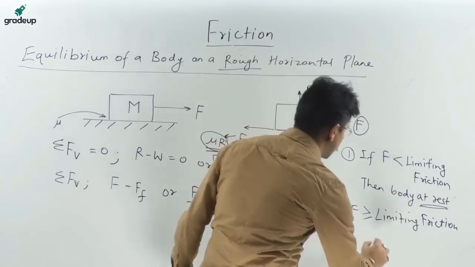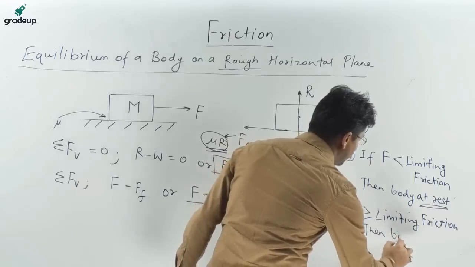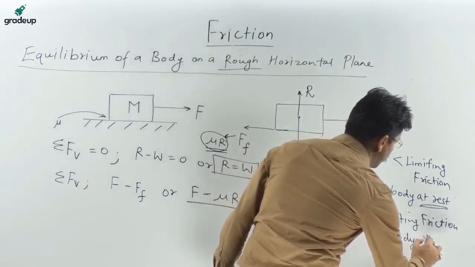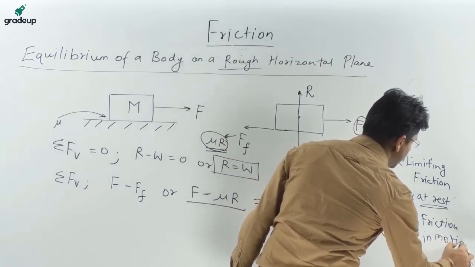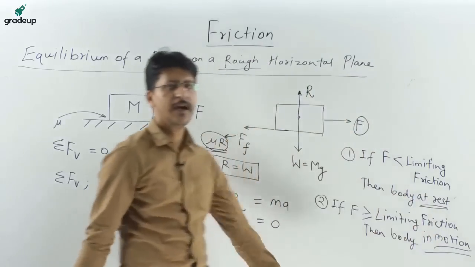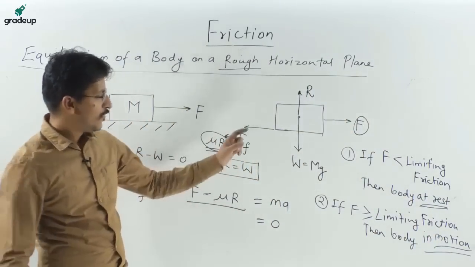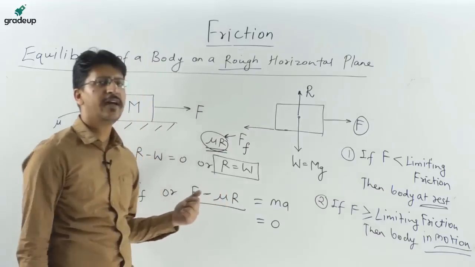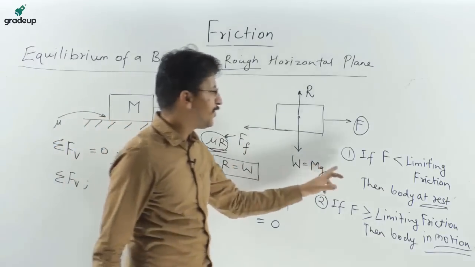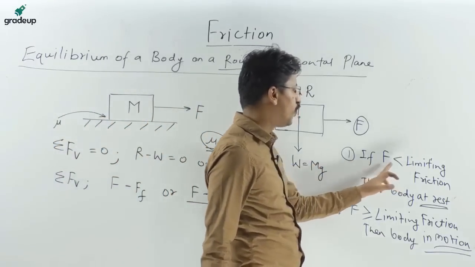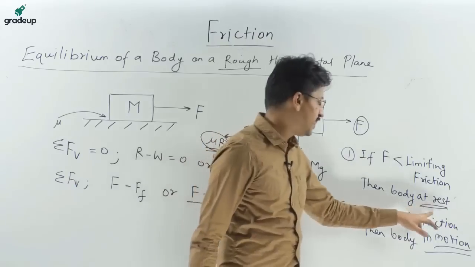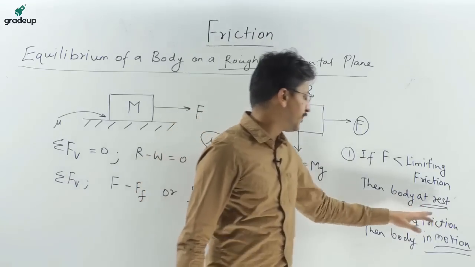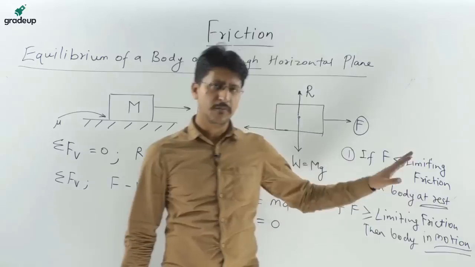So in this case, the body is in motion. Okay, understood this? Very easy to understand by that example which I already gave you. If F is less than the limiting friction, the applied force, then the body is at rest, or if it is more than the limiting friction, then the body will be in motion.